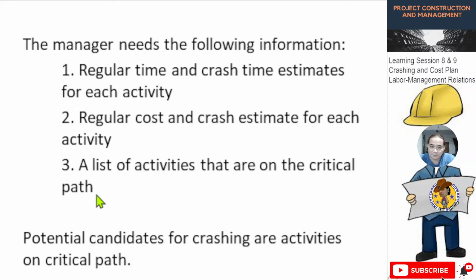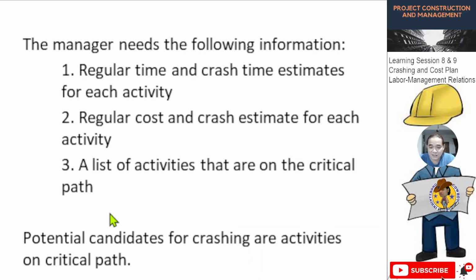Number two, we have regular cost and crash cost estimates for each activity. Number three, a list of activities that are on the critical path. Remember, the critical path is the longest route, or longest path, on the network, so you need to provide the list of that.